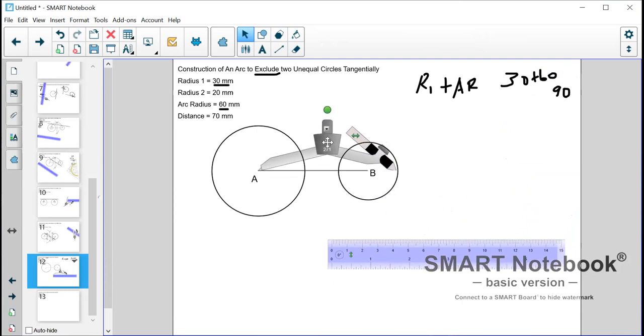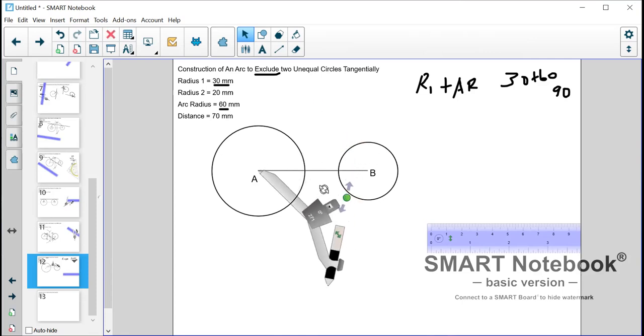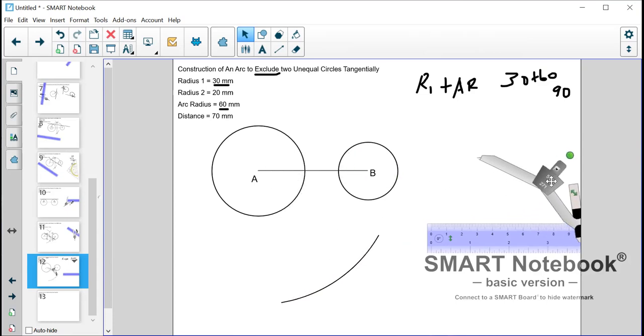Then we go from A and we draw an arc below, because remember we are looking for the center of the arc. Let me just get this a little bit precise. So I draw an arc at the bottom, and we draw this a little bit long because we don't know where the other arc will end up. So we want to extend this a little bit.